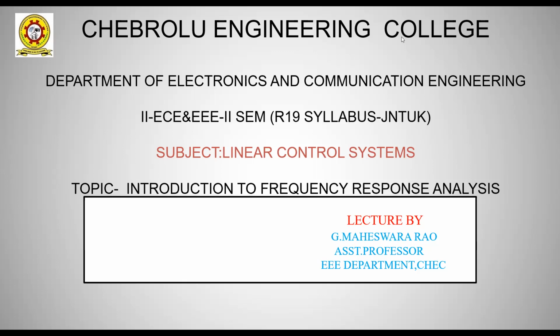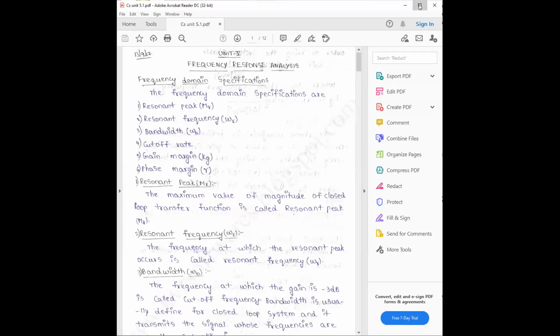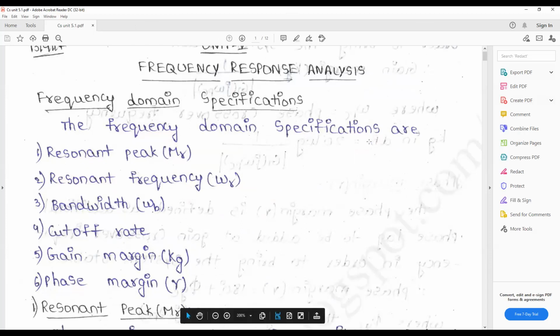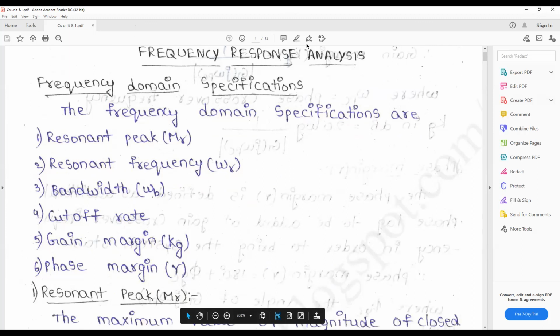So today, what are the frequency domain specifications? The frequency domain specifications are six. First one, resonant peak.